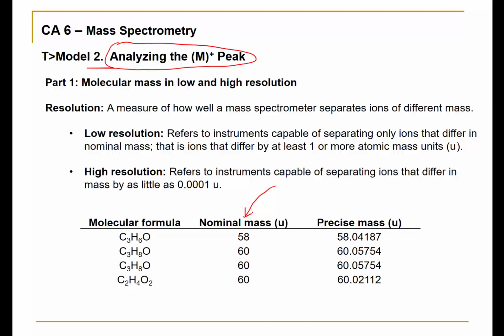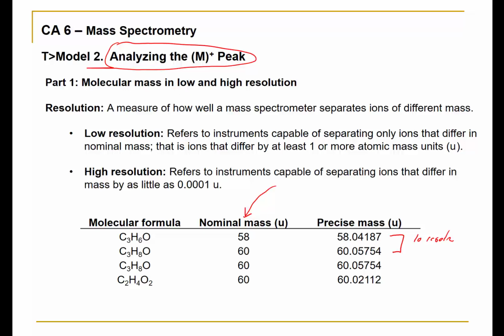Low resolution is still informative in terms of distinguishing between compounds that have a substantial difference in nominal mass. So for instance, these two compounds here, the C3H6O and C3HO, could be distinguished by low resolution mass spectrometry. And as it turns out, in this course and in our analysis in the chem activity, we'll mainly work with low resolution.